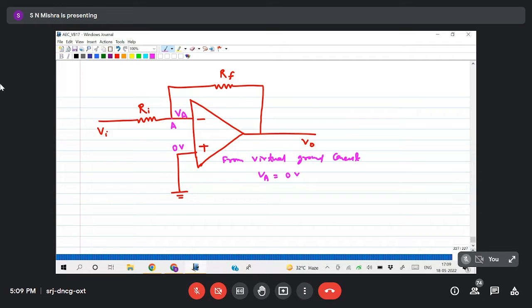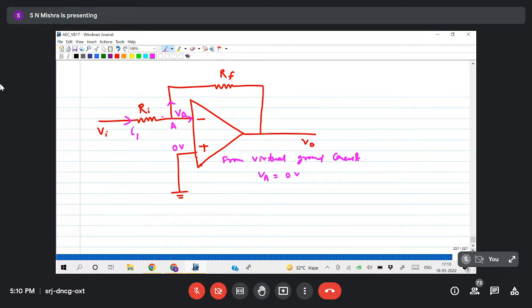Now if Va equals 0, we'll find how much current is flowing, because there is a potential difference. At the input we are giving Vi, and at Va the voltage is 0, so some current will flow, and let us call that current I1. When this current is flowing, it has two options: it can move into the op-amp, or through the feedback path.